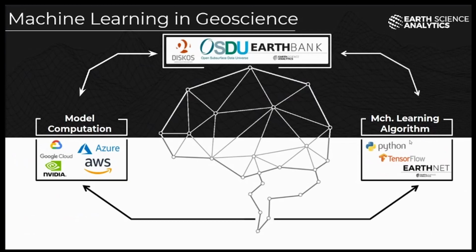We're building custom layers on top of all of this to provide the data at the fingertips of those who need it in the form of our EarthBank data platform. And when it comes to the algorithms, we strongly leverage the open source progress in software libraries in Python, TensorFlow, scikit-learn, and adapt these to specific use cases in geoscience and provide these through our EarthNet data analytics platform.